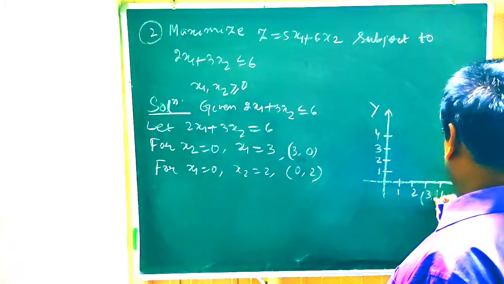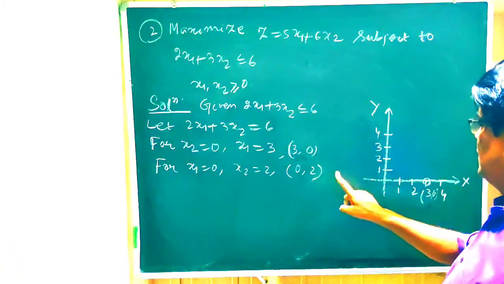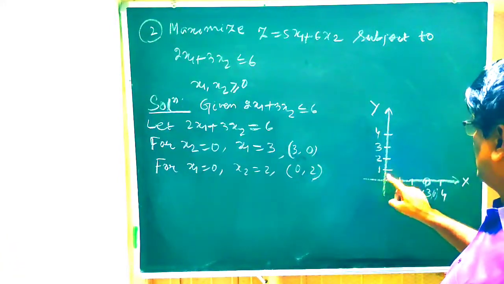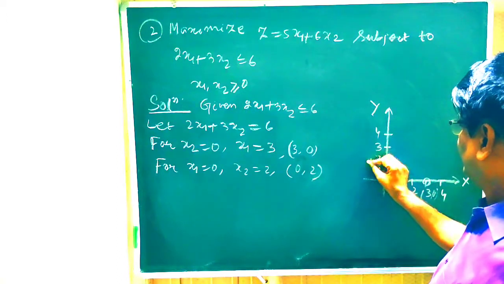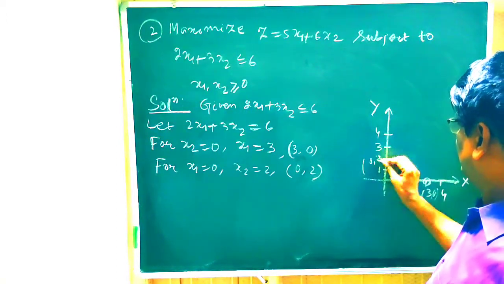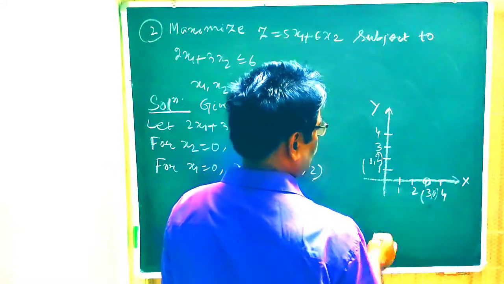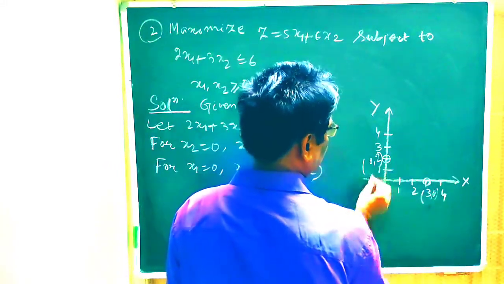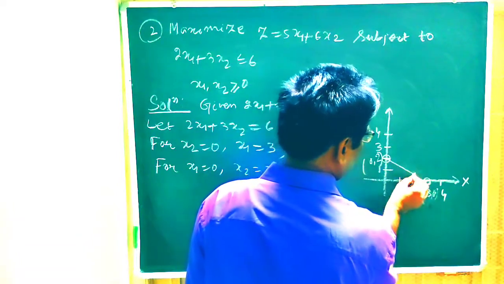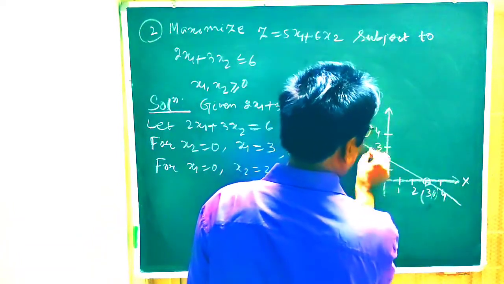The next point is 0, 2 on the y-axis. So this is 0, 2. So now let us join these 2 points.